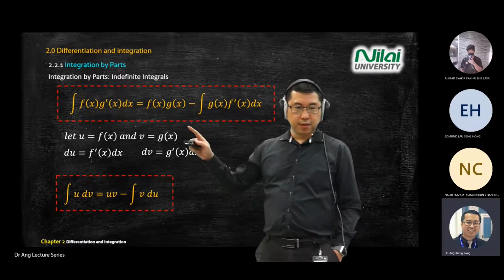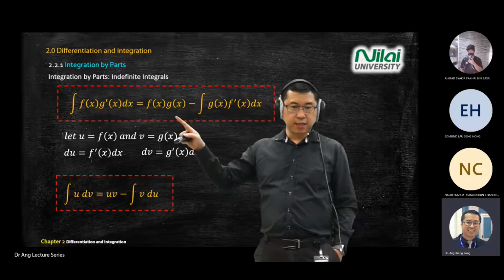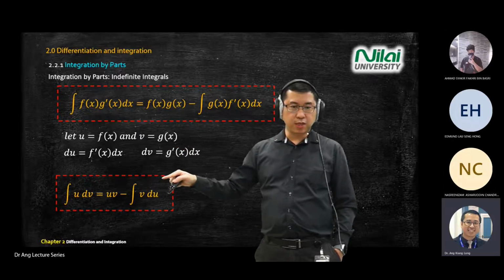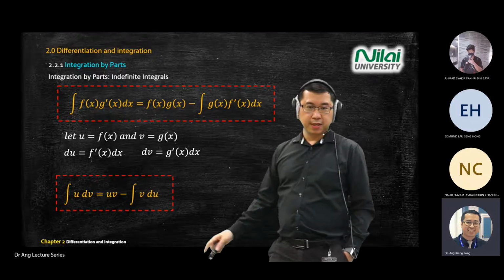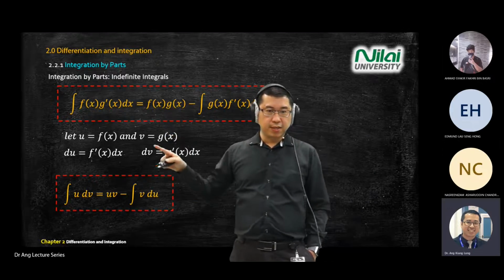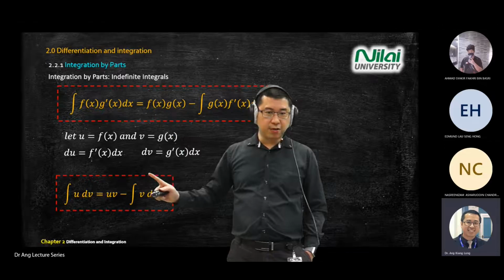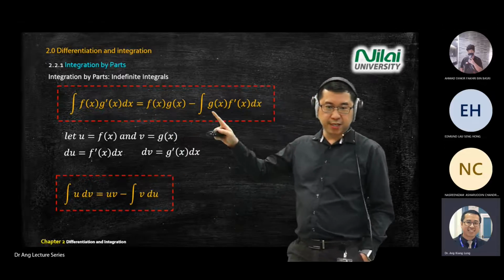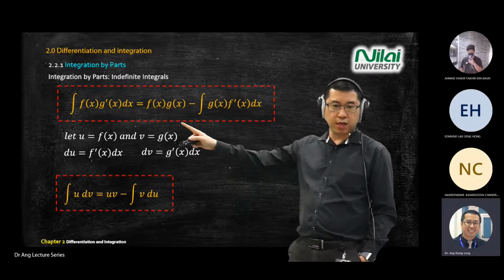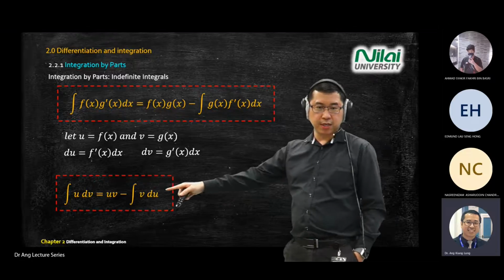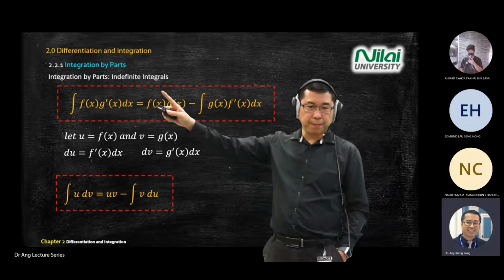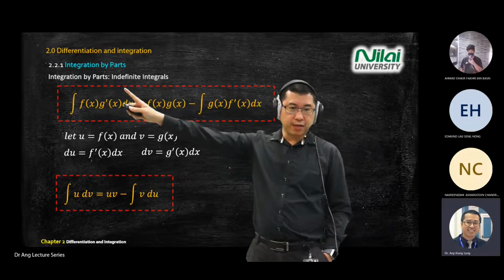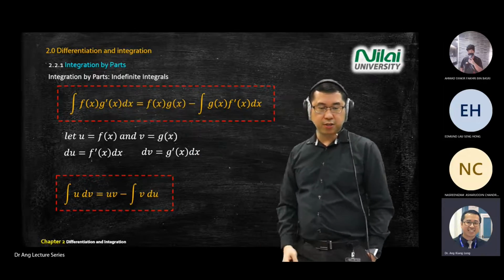Basically, this one is equal to this one. It depends which one you want to remember. They are the same thing, only this one looks a little bit longer and this one a little bit shorter. But they fall under integration by parts, under the category of indefinite integrals.